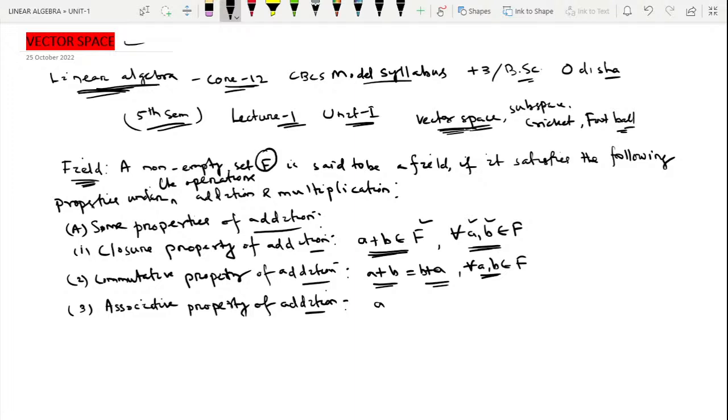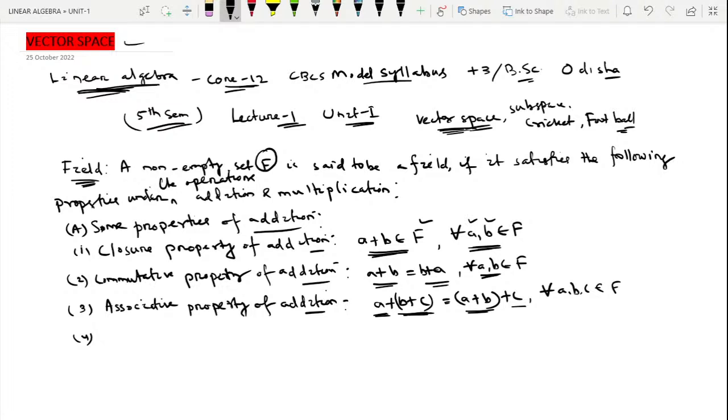If A, B, C are elements from set F, then (A plus B) plus C is equal to A plus (B plus C), for all A, B, C belongs to set F. We first do the bracket and then add the remaining element.